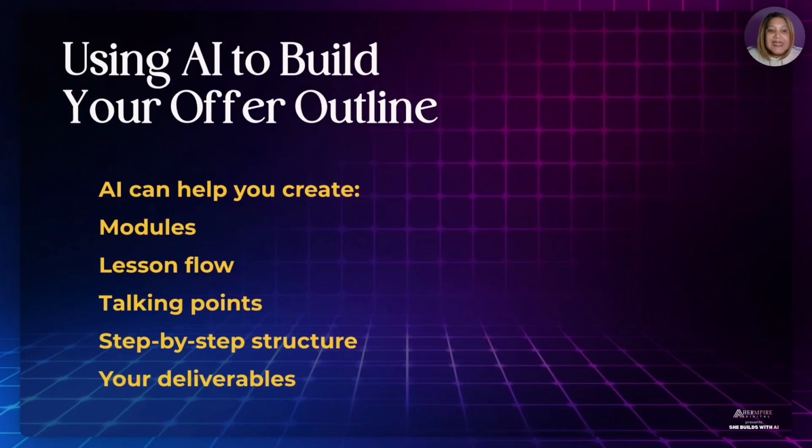And using AI to build your offer outline, to build this path for you, makes everything so much simpler. You can turn your problem, your person, and your promise into a full offer outline using AI. It can make modules, it can make lessons, it can make flows, it can make talking points, it can make what you should have in the toolkit. It can do it in seconds, right? And this is why I build with AI.